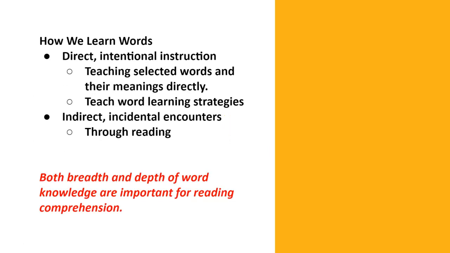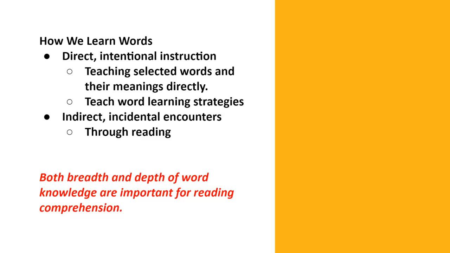So how do children achieve knowledge of words and their meanings? The National Reading Panel found that vocabulary should be taught both directly and indirectly. Direct instruction means teaching specific words, such as pre-teaching vocabulary prior to a reading selection. However, it's estimated that from 3rd grade on, students must encounter and learn between 2,000 and 3,000 new word meanings a year to keep pace with the expected levels of vocabulary growth.